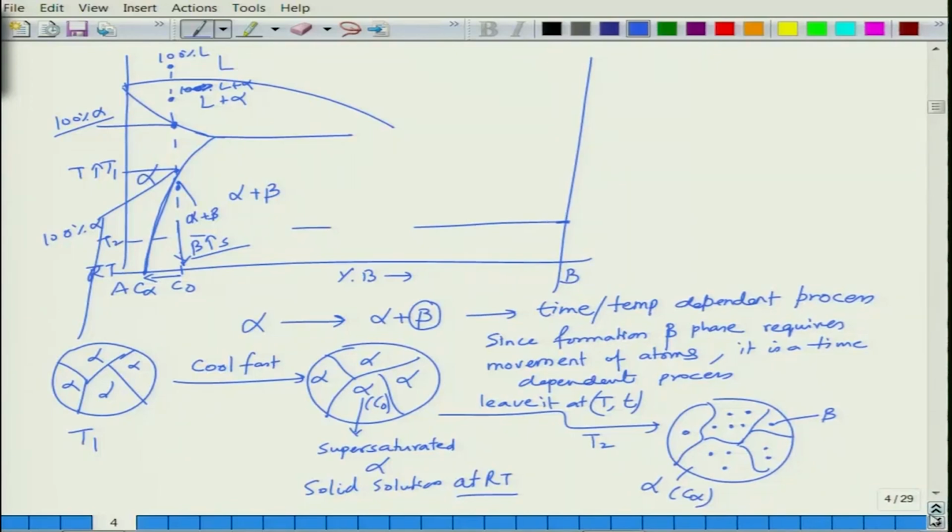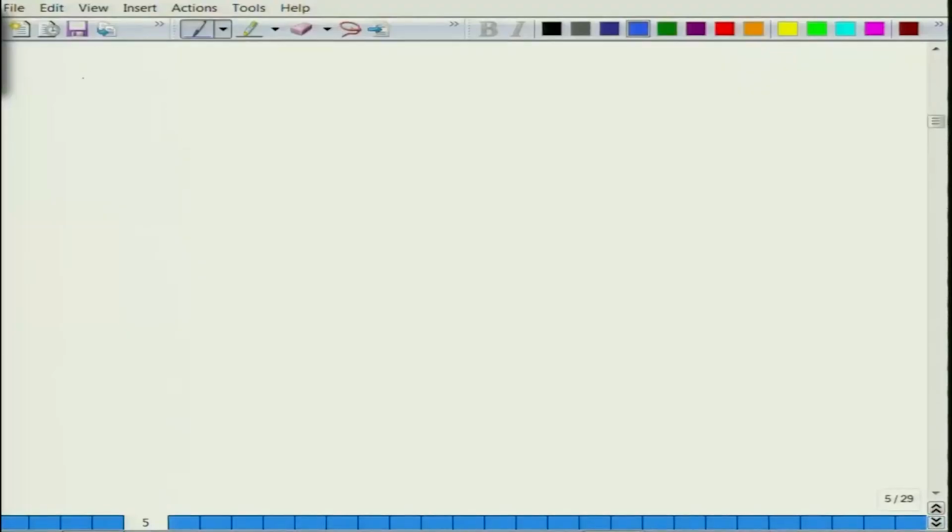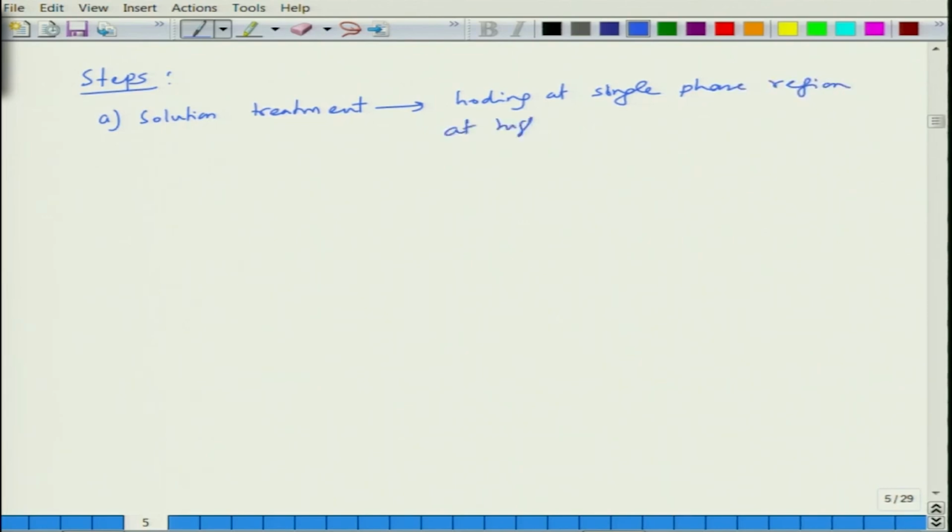So, basically formation of precipitates is a time and temperature dependent process, and this is what we can control, the way it happens, to create hardening in aluminum copper alloys especially. So, basically there are 3 steps to form precipitates. One is solution treatment, which is basically holding at single phase region at high temperature for long enough time for all the impurity atoms to distribute themselves in the base matrix.